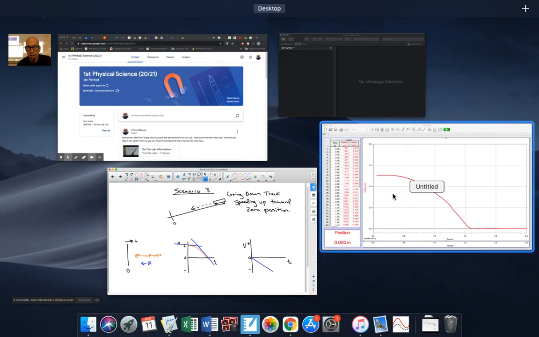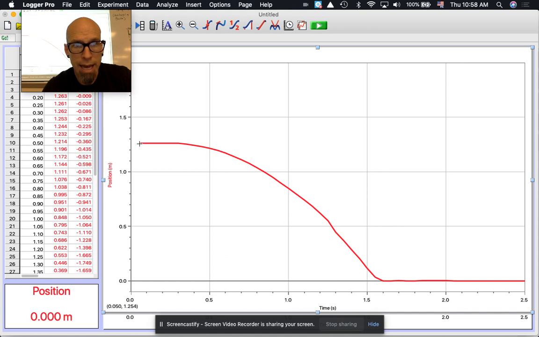It was sitting at about 1.25 meters away from the 0 position, and I let it go, and you see that this got steeper and steeper, and then finally, where did it stop? Oh, look at that. It stopped right at the 0 position. Now, I grabbed it and stopped it, but that's not part of the scenario. I couldn't let it keep going, or it was going to smash into the detector.